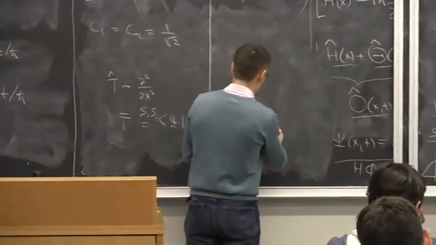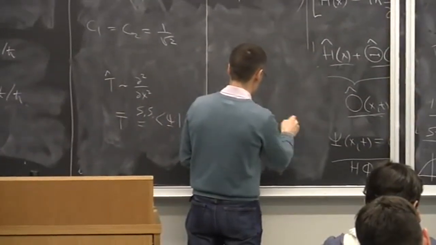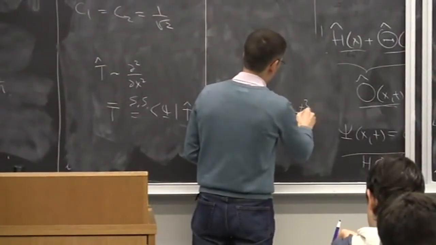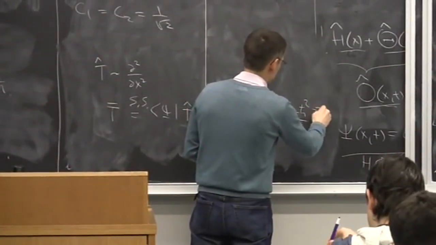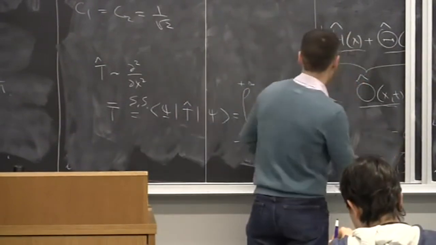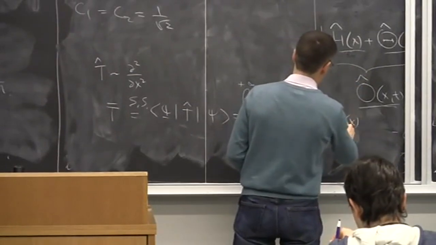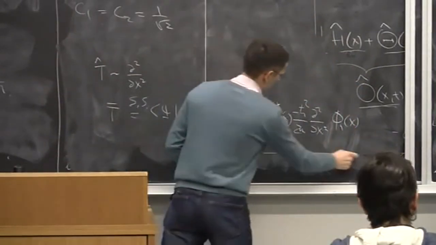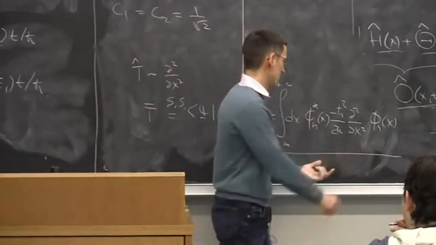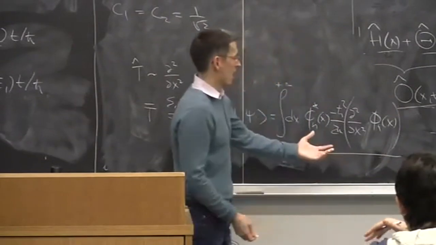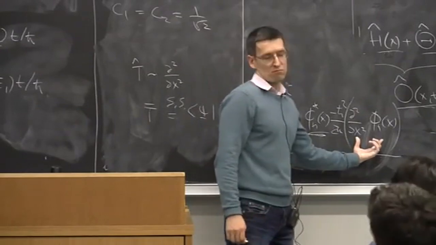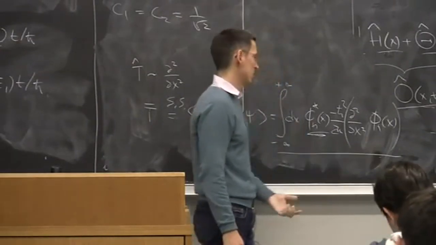Okay, so then the answer will be psi n star x, right, with minus h bar squared over 2m times the second derivative acting on psi x, right? So this is your kinetic energy, and it purely depends on the overlap of two functions, the original function and the second derivative of the function, right?